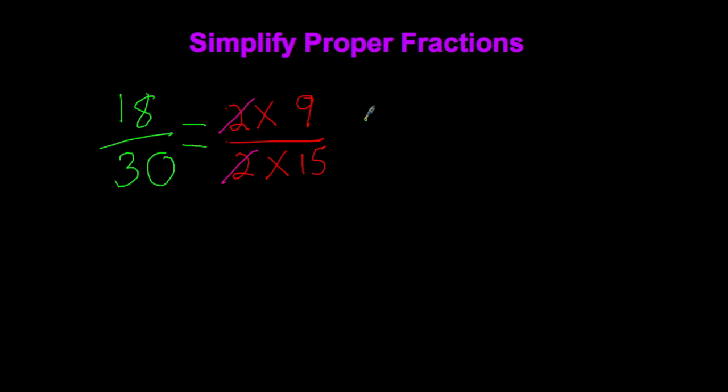Now you're left with 9 over 15. Now ask yourself, can you break 9 and 15 down to have a common number? You know 9 is divisible by 3 and you know 15 is divisible by 3. What number you multiply by 3 to get 9?